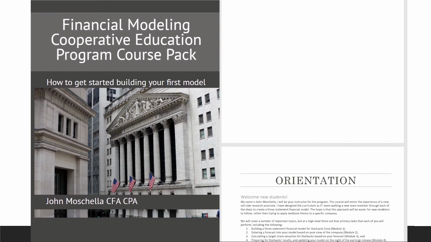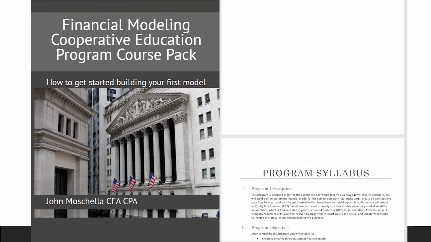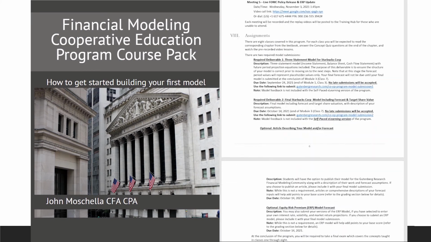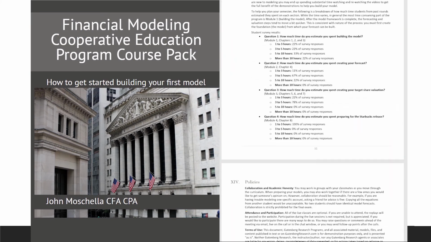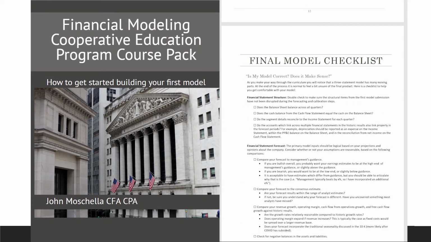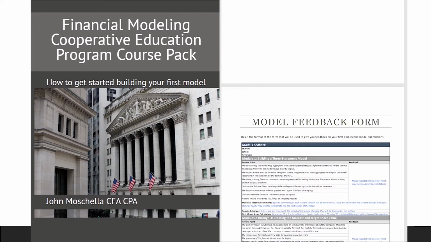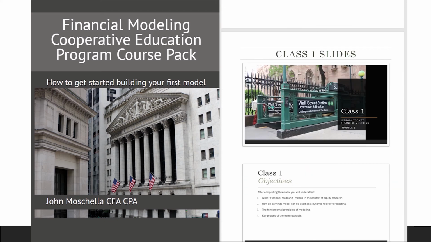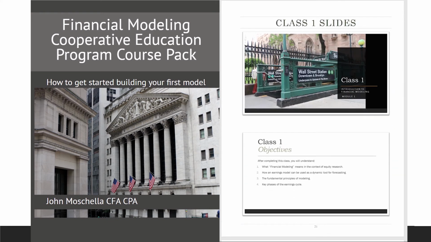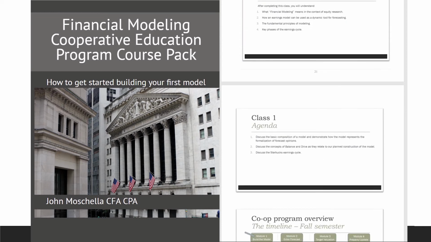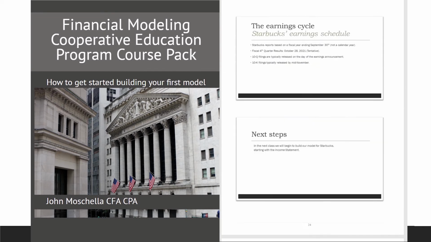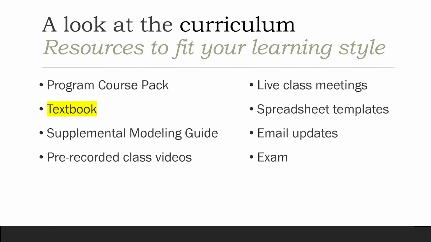So it has the syllabus, it has the forms that I'll be using to give you feedback on your model. It has the printed versions of the slides, which will, of course, change as we go through and more information is updated, and I'm tailoring the curriculum as we go, just due to that real-time nature. But still, most of the slides will be pretty much the same, so you'll have a printed version in there. Then after the course pack, you see I've got the textbook.